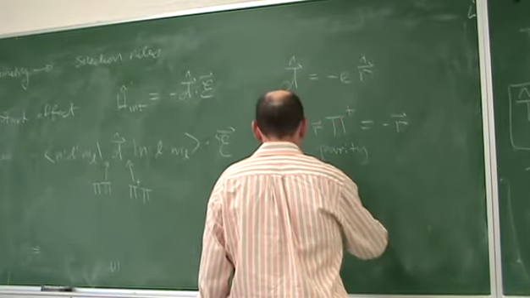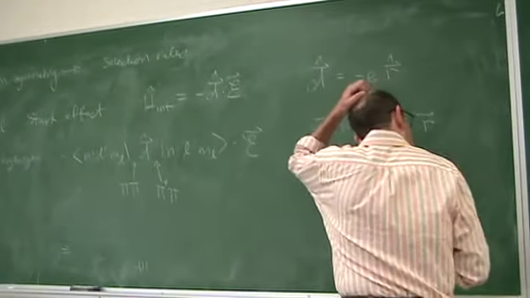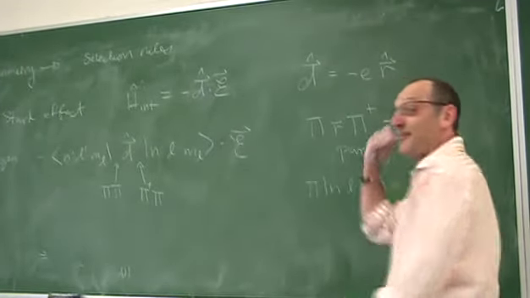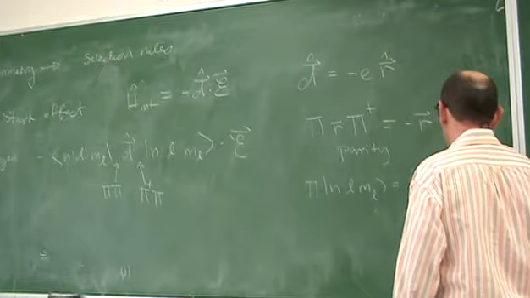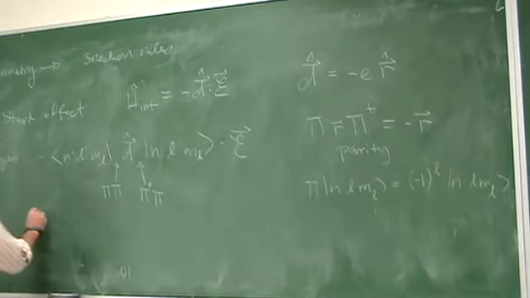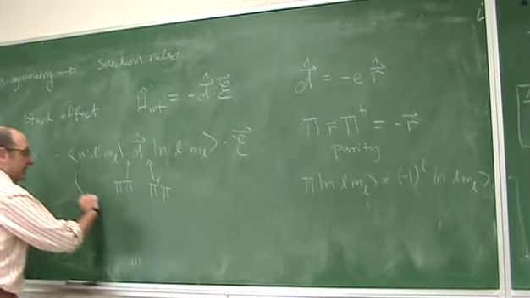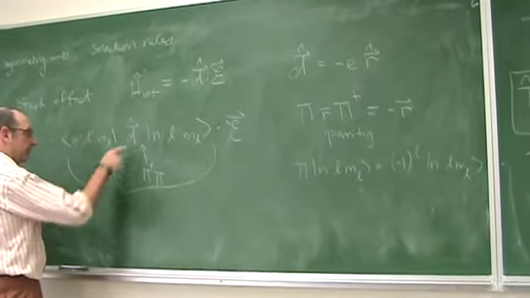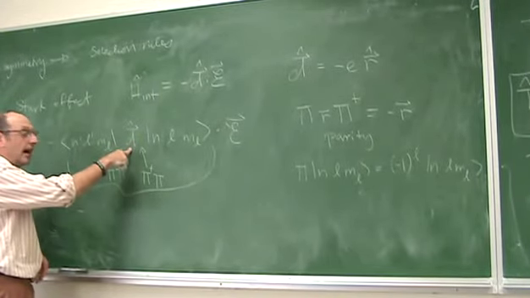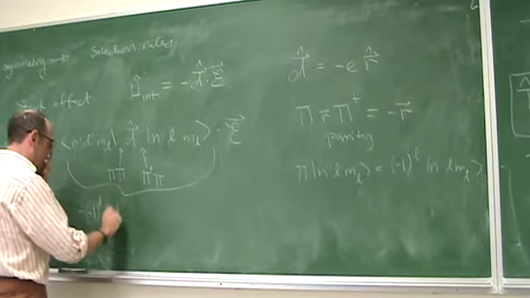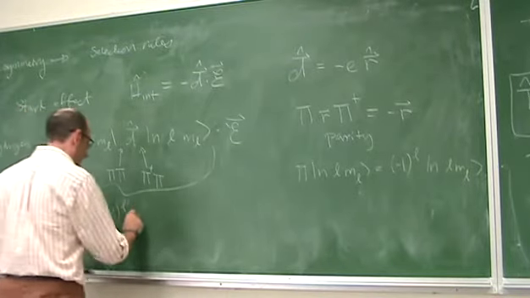We know that these objects are proportional to spherical harmonics, and when I take r to minus r, we get minus 1 to the L. So this matrix element is equal to minus, because the dipole operator is odd under parity, times minus 1 to the L, times minus 1 to the L prime, times the same thing as before.